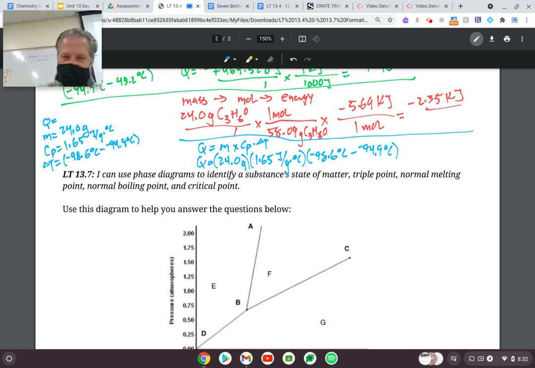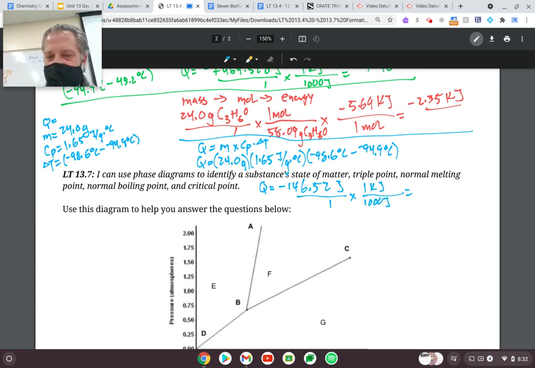And that's going to give me a heat value of negative 146.52 joules. And again, I'm going to convert that right away to kilojoules because that's the currency of energy in chemistry. So that's 1 kilojoule in 1,000 joules. And so that becomes negative 0.14, let's say 7 kilojoules.